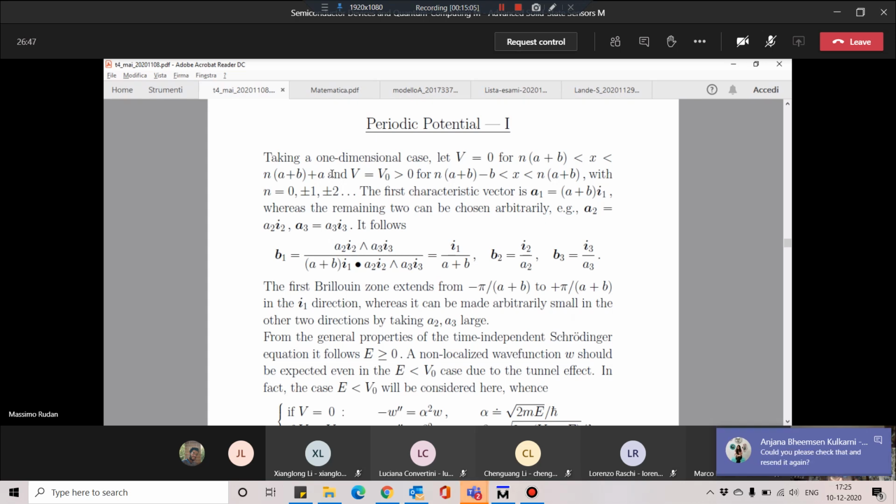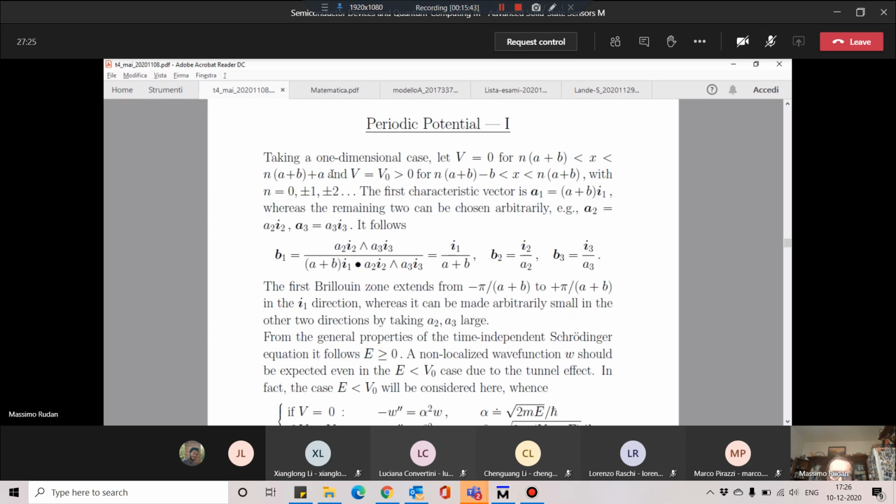Obviously, it is sufficient to consider only one characteristic vector, that is a1, if we take the one-dimensional situation in which the potential energy depends only on the x-axis. a1 is equal to the period a plus b times i1, that is the unit vector of the x-axis.